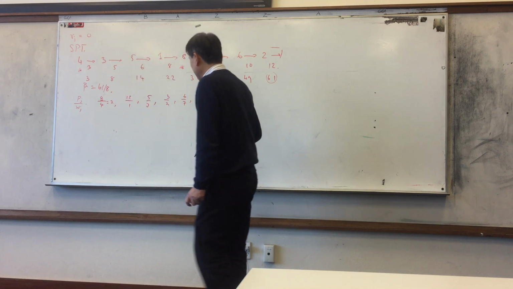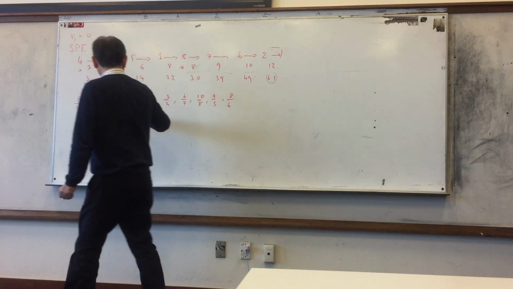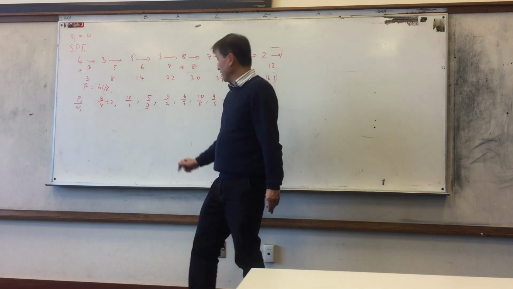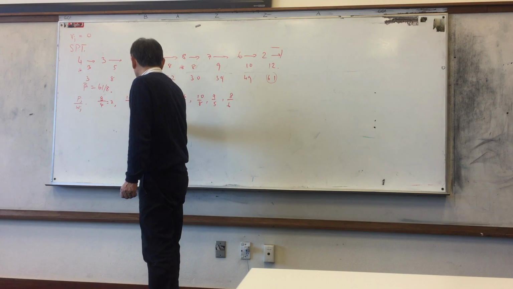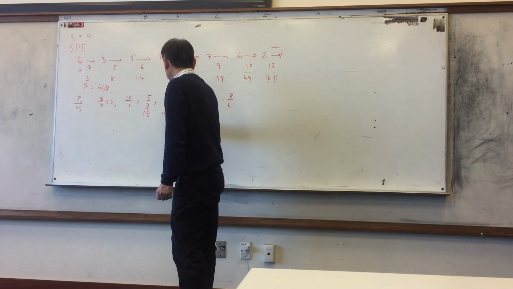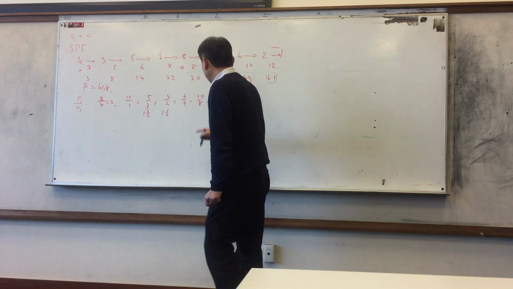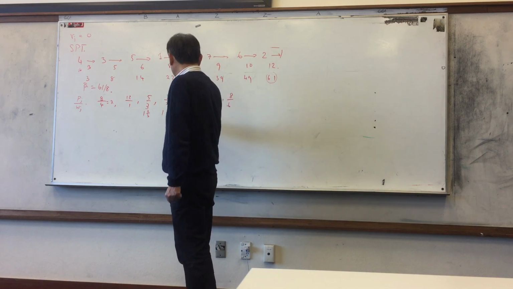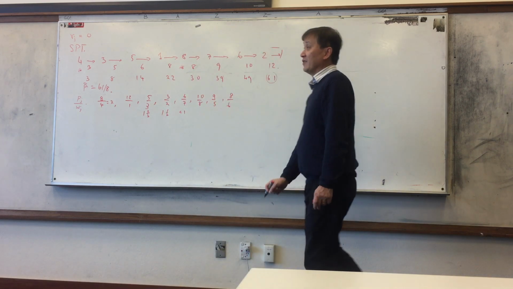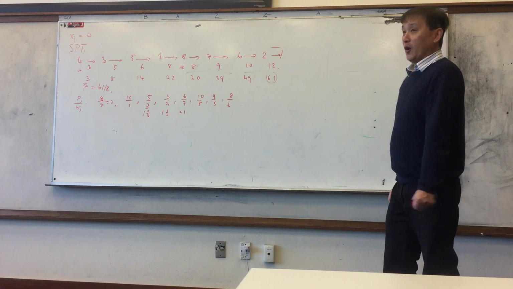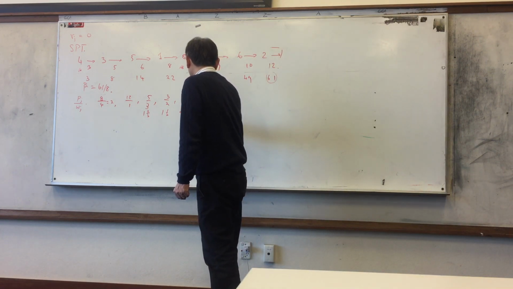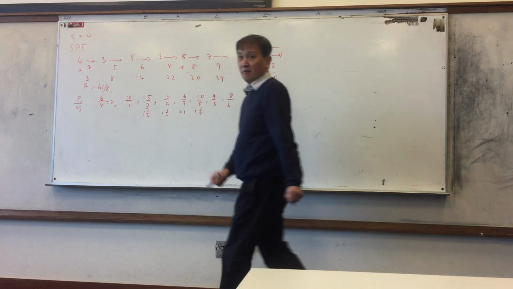So 8 over 6, so this is 2, so that is equal to 12. So 5 over 3 is equal to 1 and 2/3. This is actually 1 and a half. And what is this one? This is less than 1. And that one is 5 over 4, which gives you 1 and 1/4.